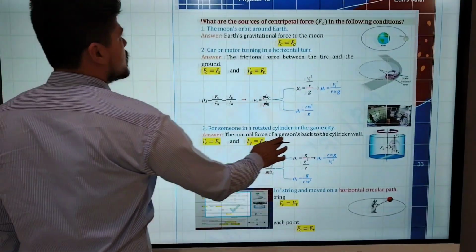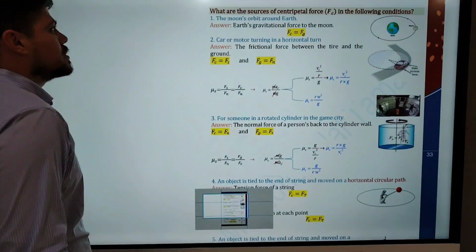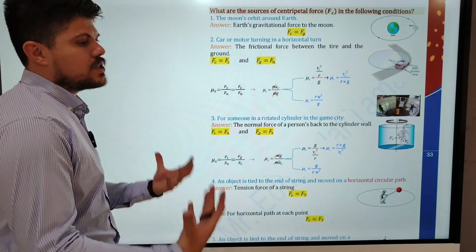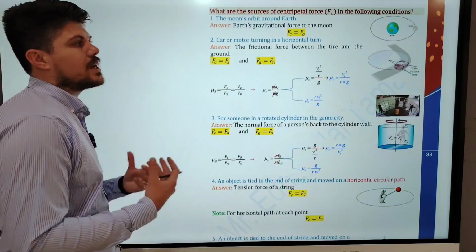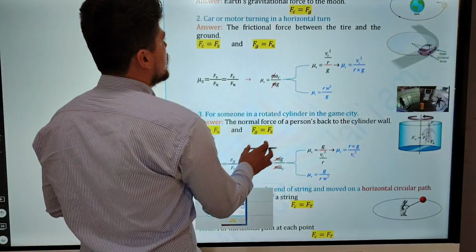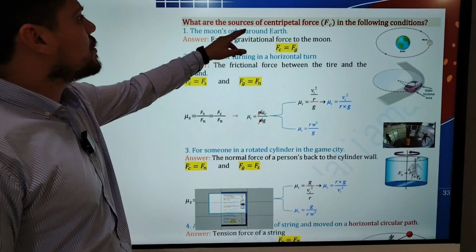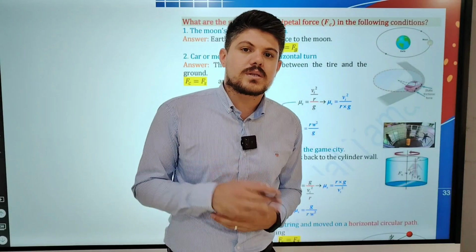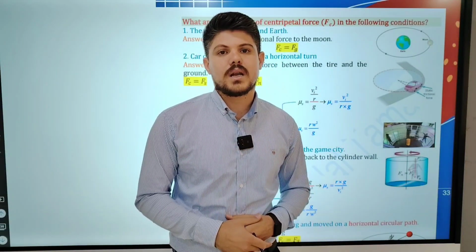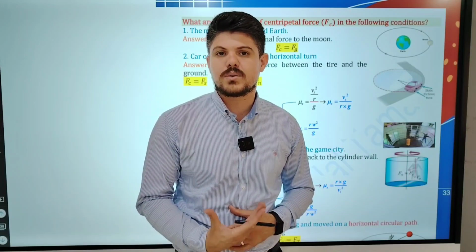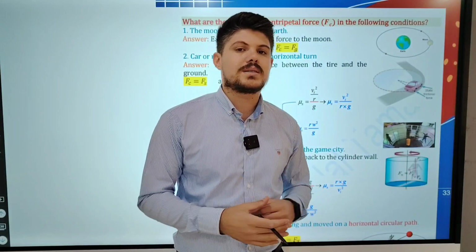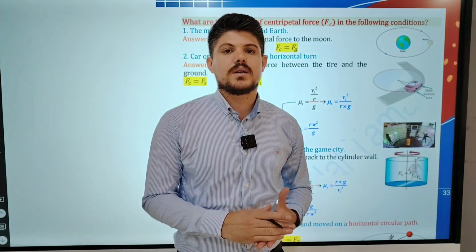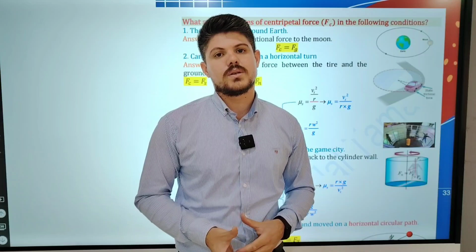Now we're going to explain the sources of the centripetal force. What are the sources of centripetal force in the following conditions? We have many sources of the centripetal force. The first one: the moon's orbit around the earth, the earth orbiting around the sun, or artificial satellites orbiting in a circular path. In these examples, the centripetal force is provided by gravitational force.